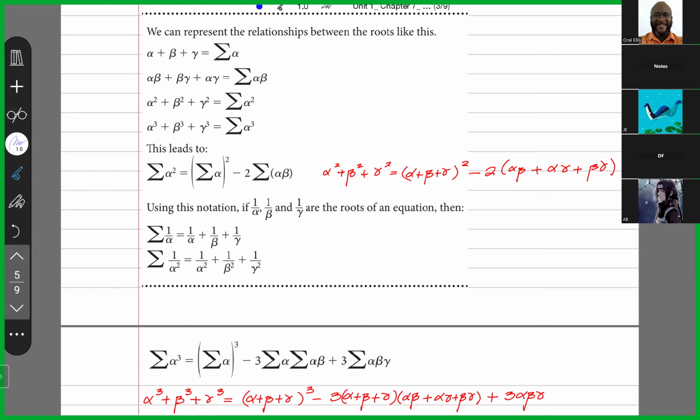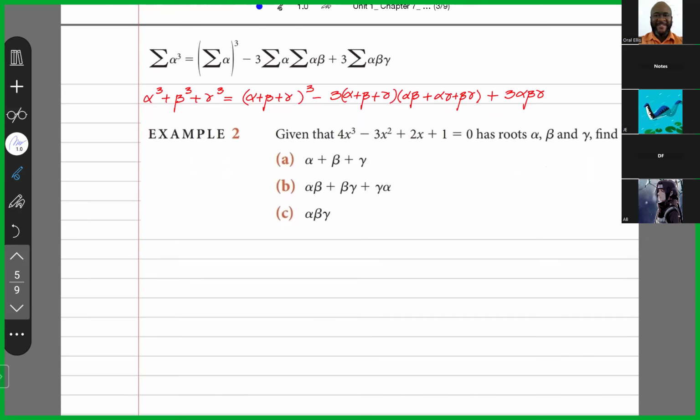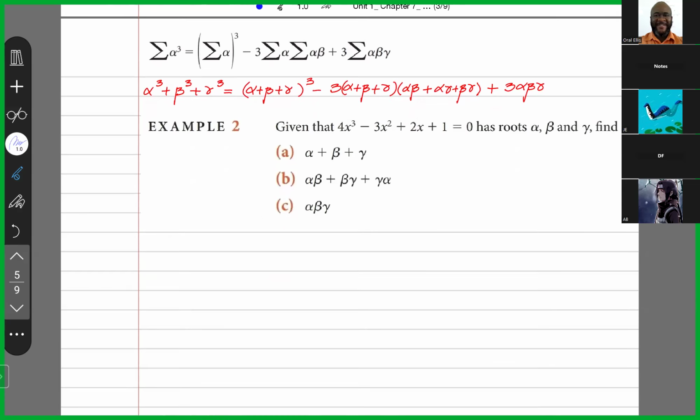Sigma 1 over alpha is the same as saying 1 over alpha plus 1 over beta plus 1 over gamma. Sigma 1 over alpha squared is 1 over alpha squared plus 1 over beta squared plus 1 over gamma squared. And lastly, sigma alpha cubed, which is the same as saying alpha cubed plus beta cubed plus gamma cubed, is equal to sigma alpha all cubed minus 3 sigma alpha times sigma alpha beta plus 3 sigma alpha beta gamma.